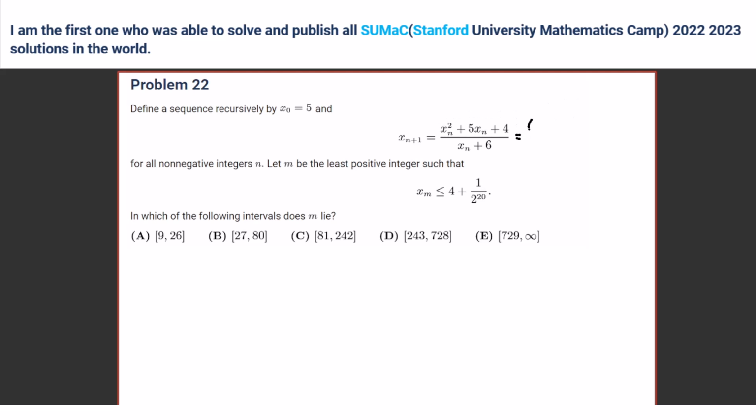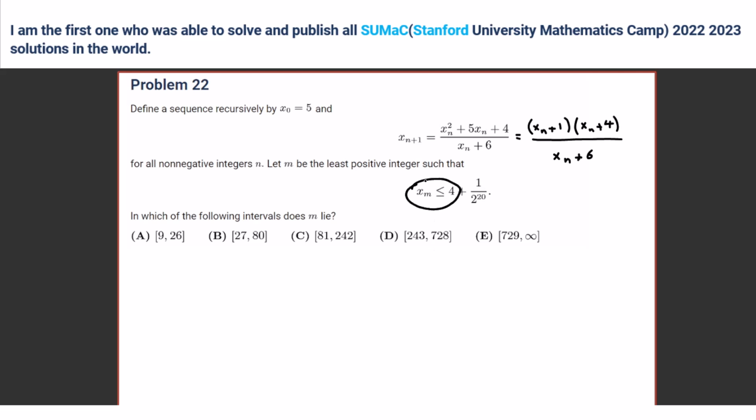It is x_n plus 1, x_n plus 4, and x_n plus 6, right? Yeah. So can we use changing variables or something like this?